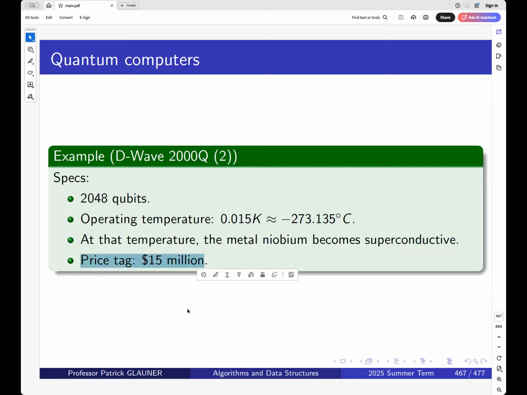If you want to buy such a machine from D-Wave, probably you need to spend $15 million plus at least $1 million per year on the cryogenics.